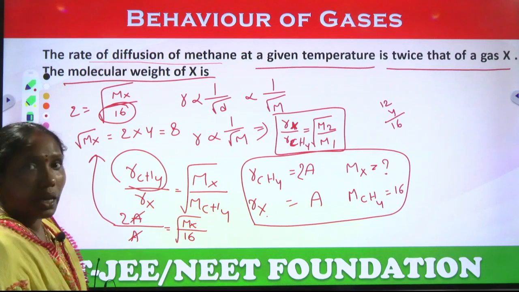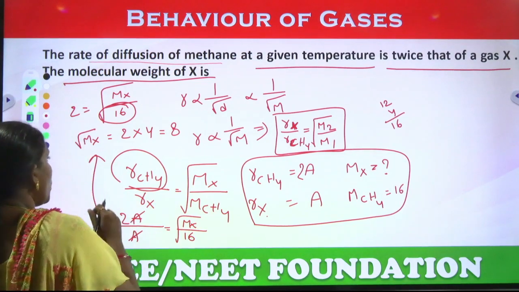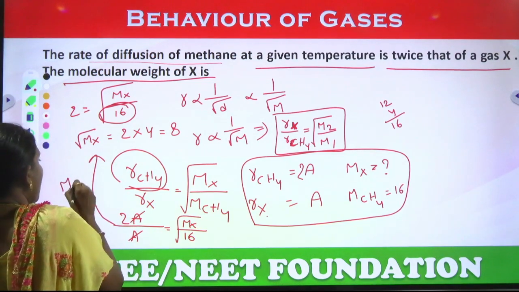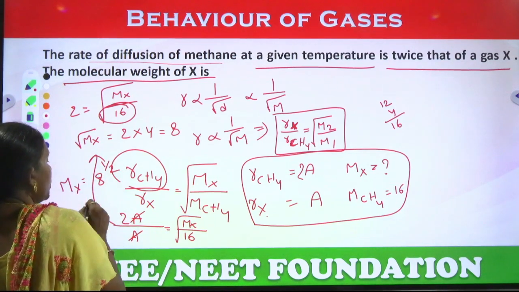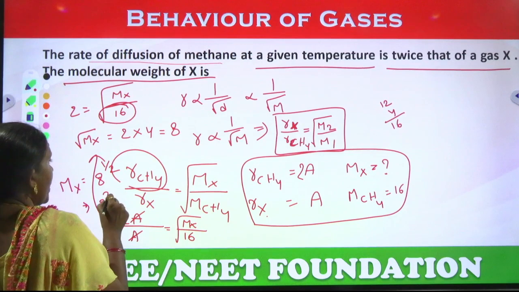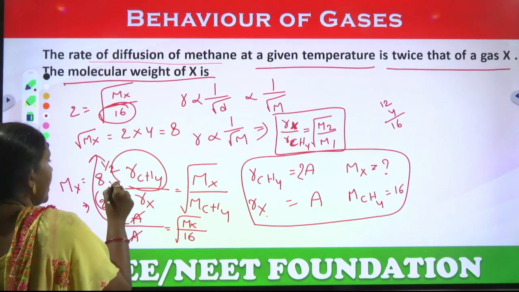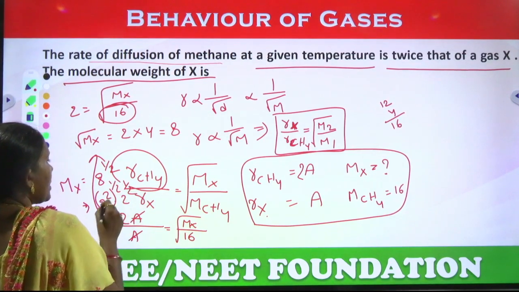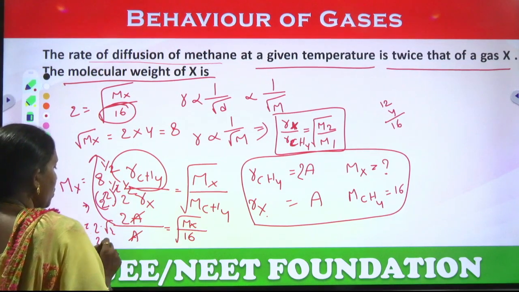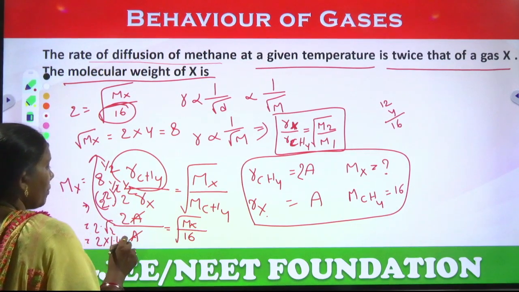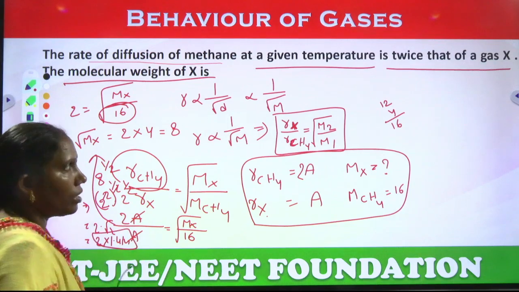But we want Mx only. Then Mx equals 8 power 1 by 2. So how can we write that? That is 2 square into 2 power 1 by 2. If you calculate this, 2 root 2, that is nothing but 2 into root 2, value 1.414. If you substitute that, we will get the value, right?